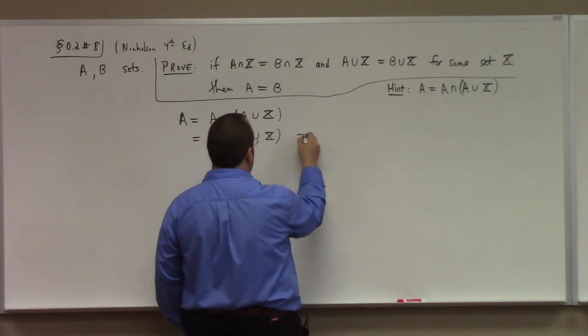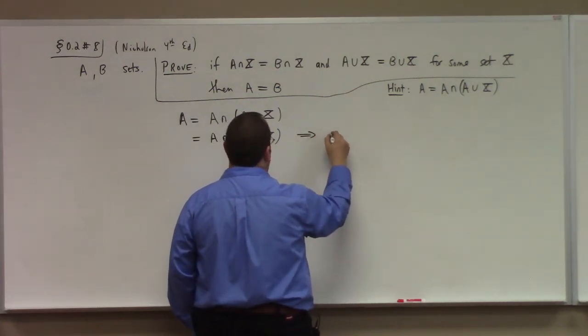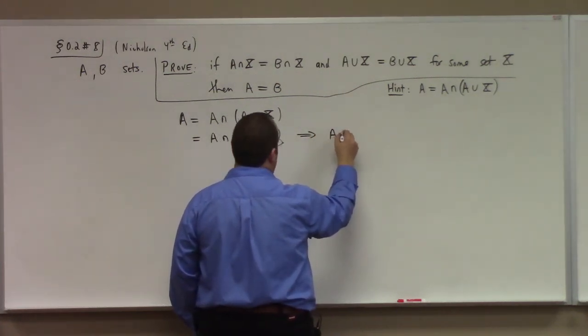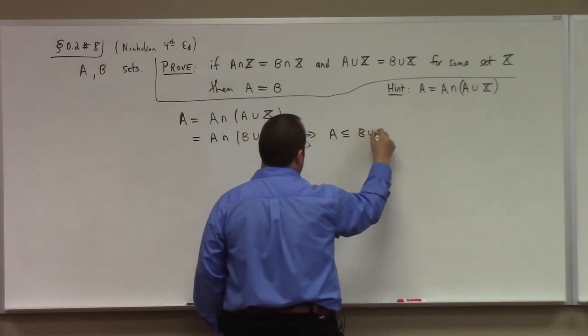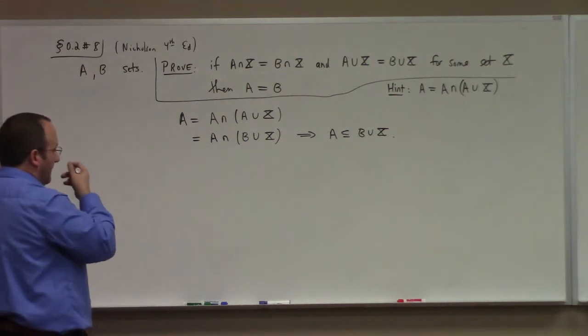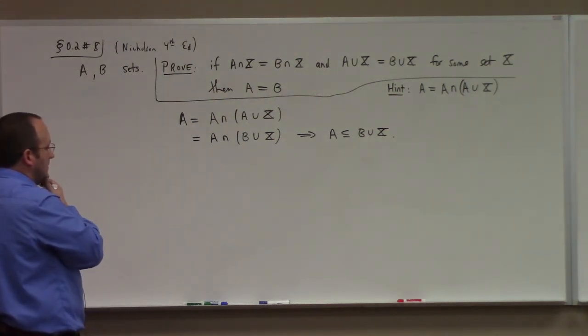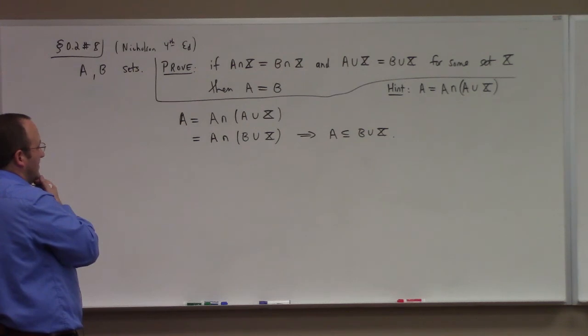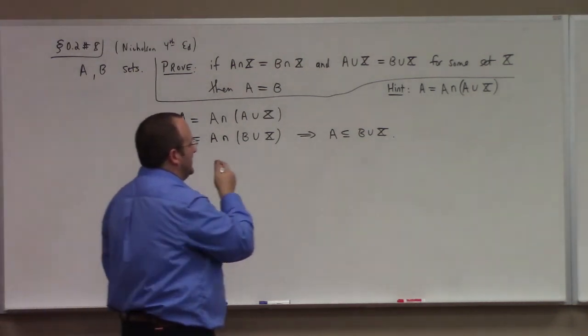So your point is that this implies that A is a subset of B union X? Oh, yeah. I guess we already knew that. Well, yeah, I think that's immediate from this, isn't it?